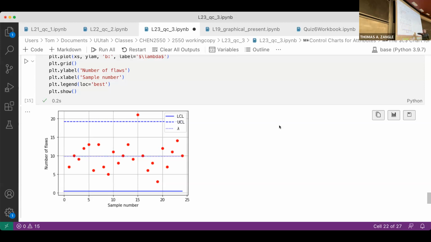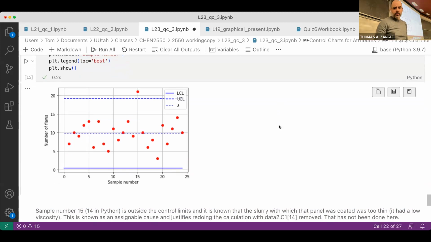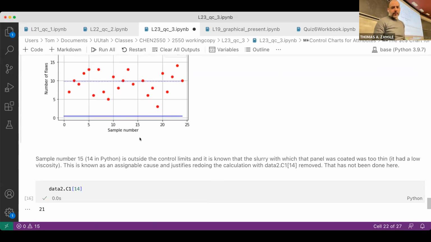So it indicates there's likely a problem on day 15, but it doesn't tell us what it is. It doesn't even tell us for certain that there was a problem on day 15. This is really just saying, hey, go take a look at what was going on then. Okay.